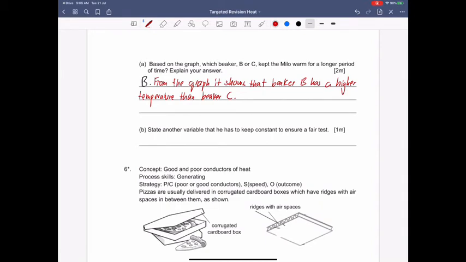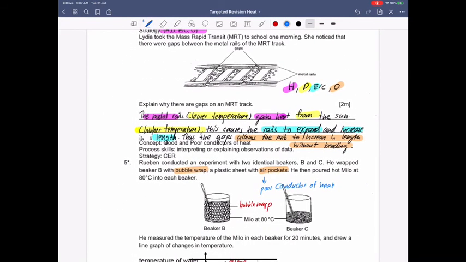And the last part, which is R, which is the reason. So that is actually your explanation in this case. So remember, you need to relate the concept that you have learned to your explanation when you're generating it. So you need to say that, remember, I said that air is actually a poor conductor of heat.